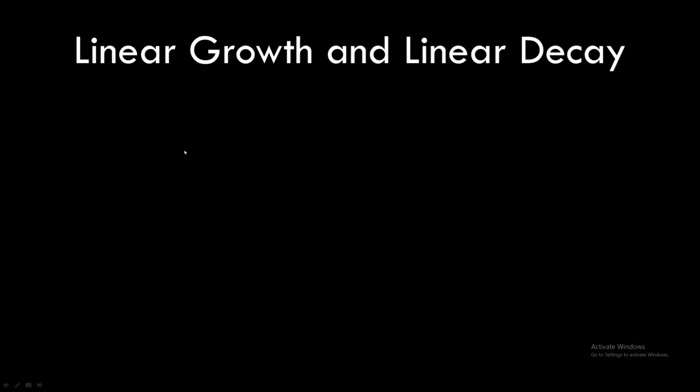Moving on, linear growth and linear decay. So in the previous example, in the bank example, we saw linear growth, that in the first month we had 500, then in the second we had 650, and so on.